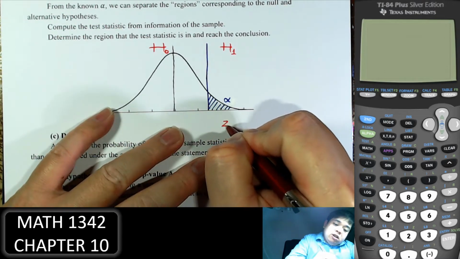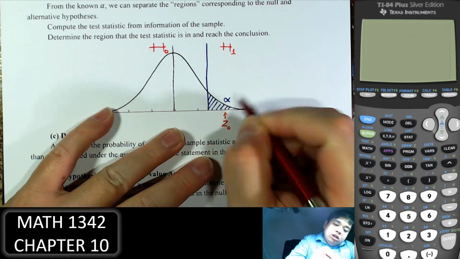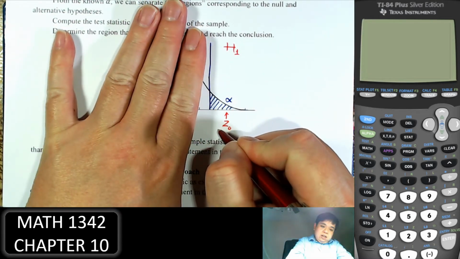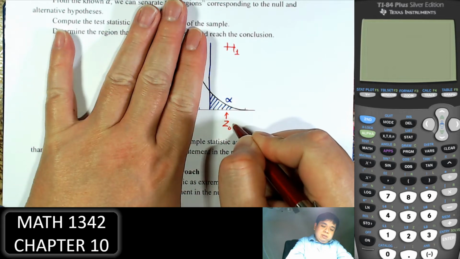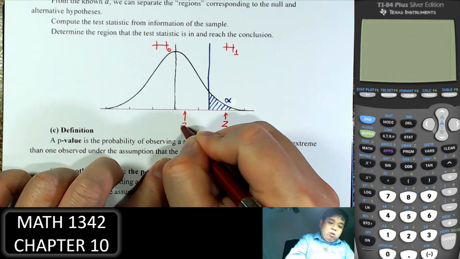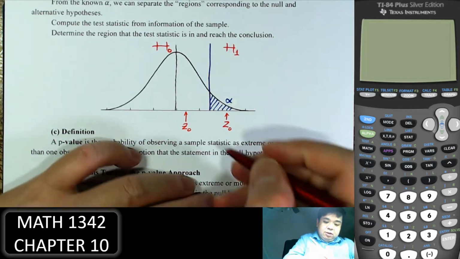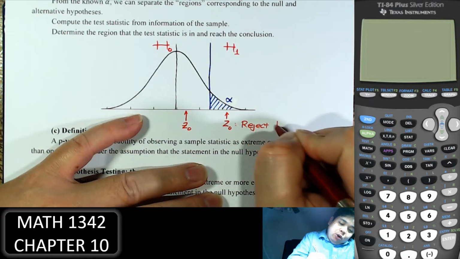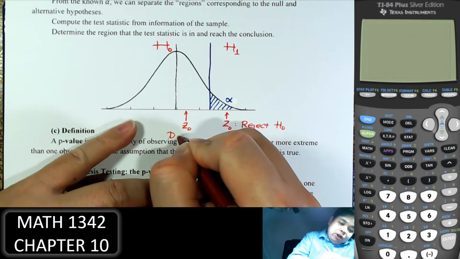If the z0 stands in this region, that will be reject the null hypothesis. If the z0 does not stand in here, that will be do not reject.